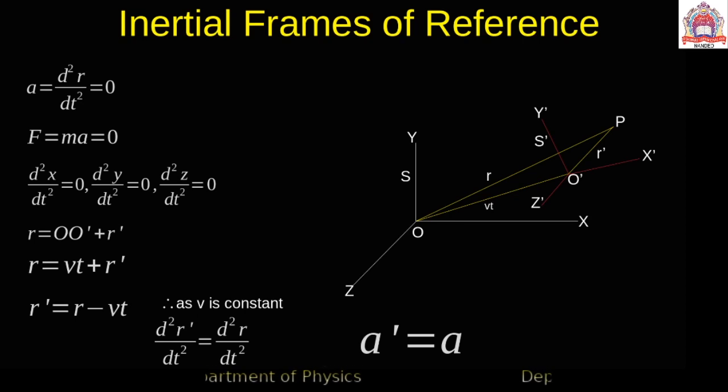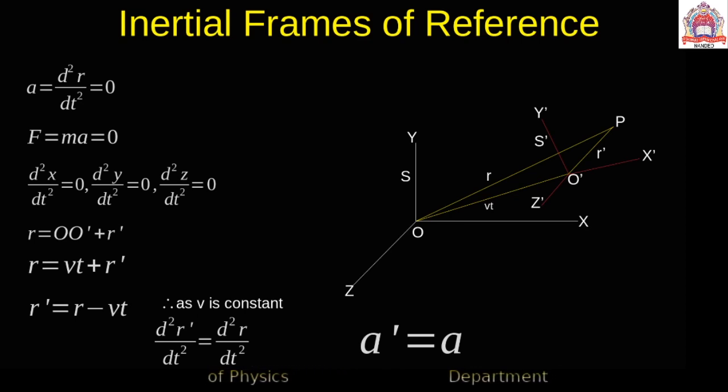Here the particle experiences the same acceleration in two frames, which are moving with constant relative velocity. Now if the acceleration of the particle in frame S is 0, its acceleration in S dash is also 0.